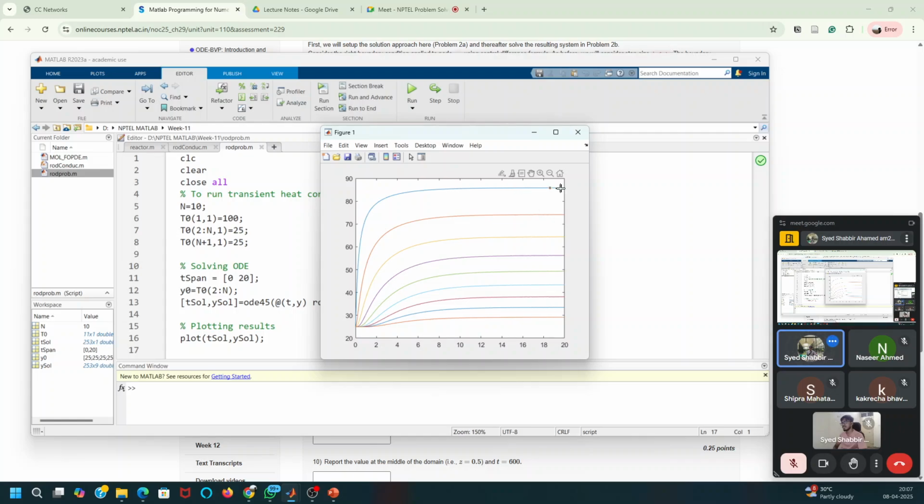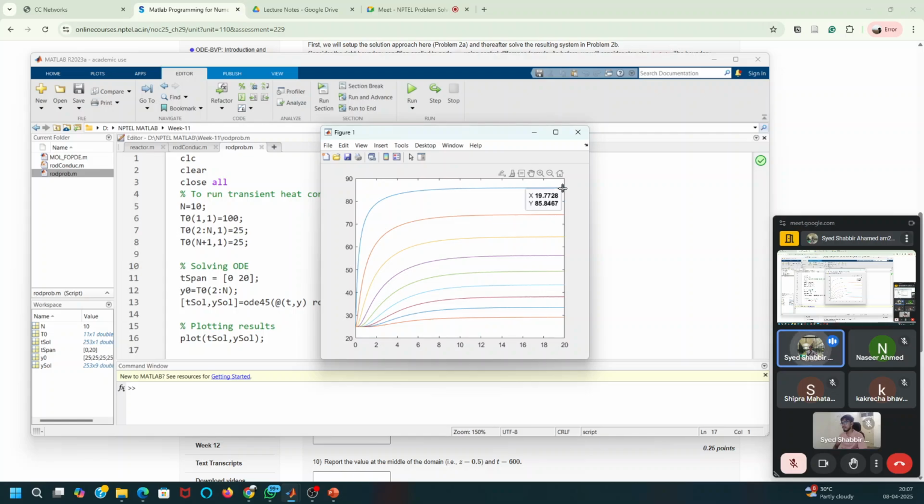If the temperature is becoming constant after a certain point of time, then we can say that the system has attained the steady state. So here that is what is happening. After a certain point of time, temperature doesn't change with respect to time, so we can say dou T by dou t is equal to 0.